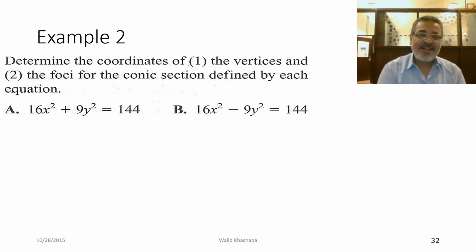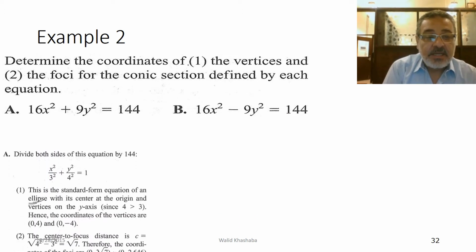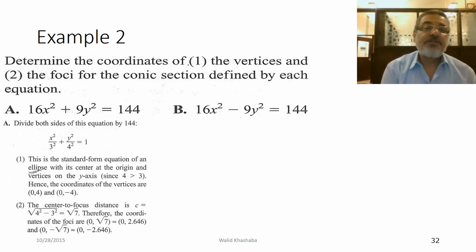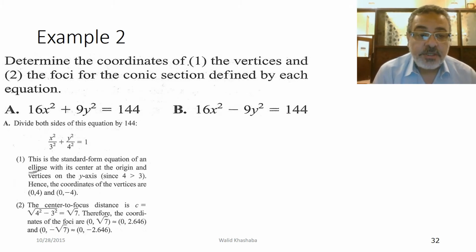Let's have a look again at the first one. In the equation of the ellipse or hyperbola, the right hand side is always 1.